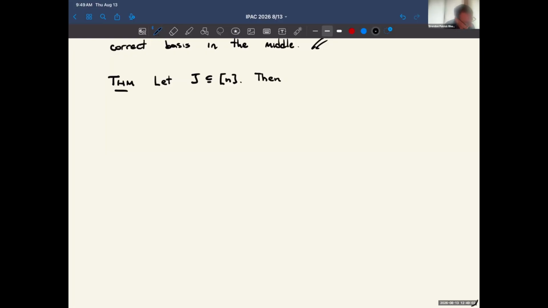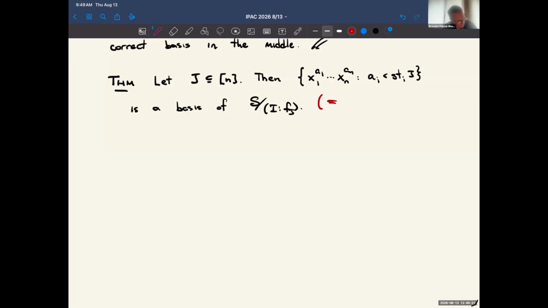Then I want to say that the set of x1 to the a1, x2 to the a2, up to xn to the an, where ai is less than the ith thing in the J staircase, is or descends to a basis of S modulo I colon Fj. And by basis transfer, this implies the Sagan-Swanson basis of SR. So we're almost there.